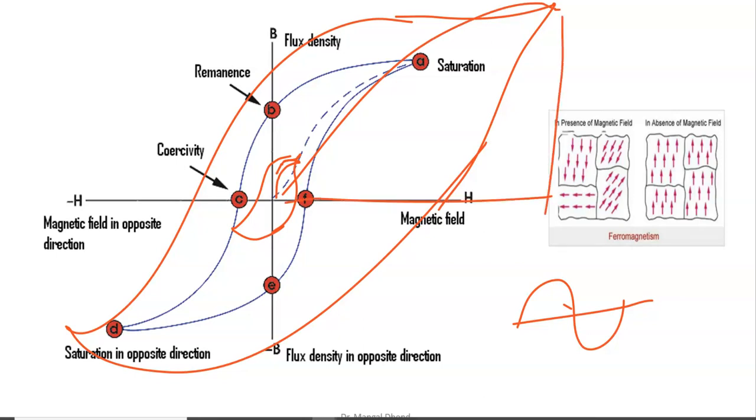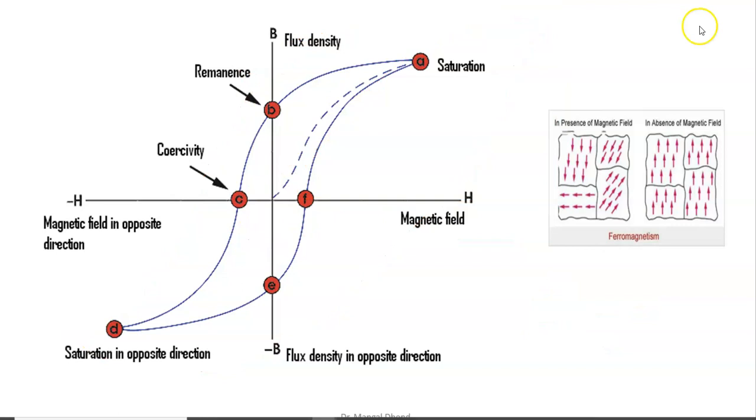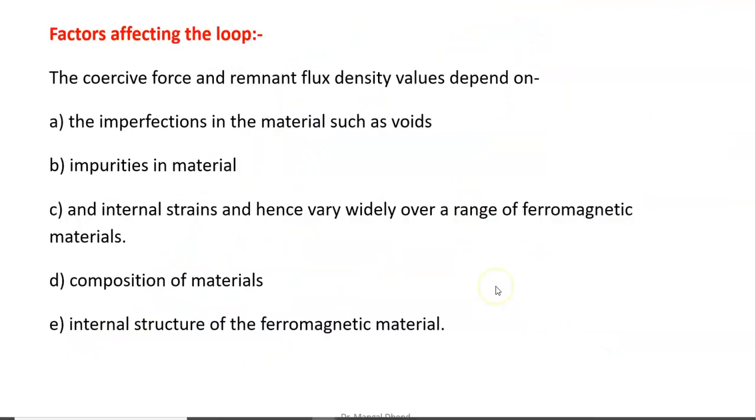Magnetization requires a lot of force, and to cancel this magnetization it becomes 0 here. So this much will be maximum: coercive force will be maximum. So a small hysteresis loop and a large hysteresis loop mean soft magnetic material and hard magnetic material.